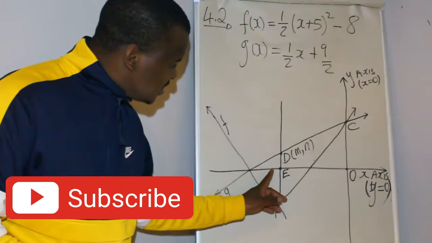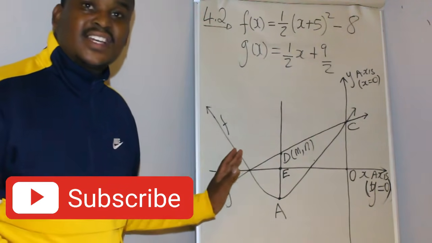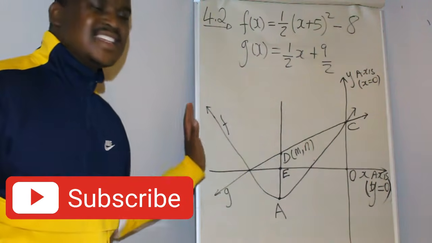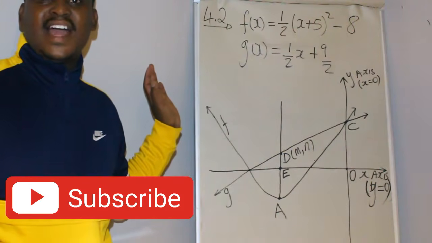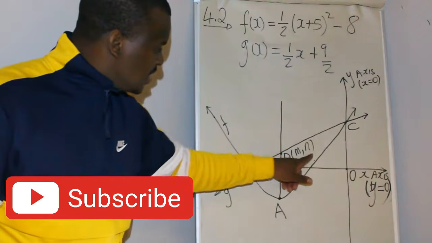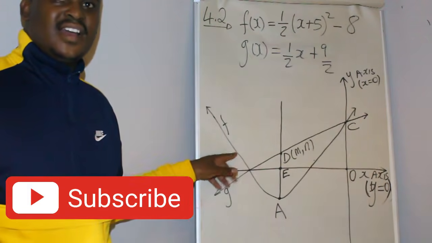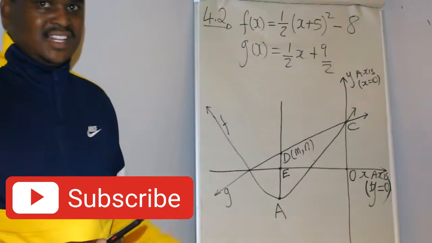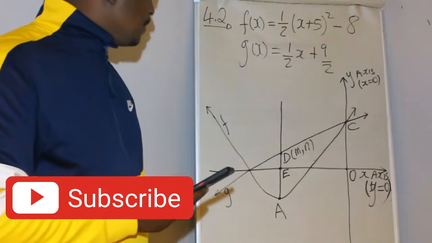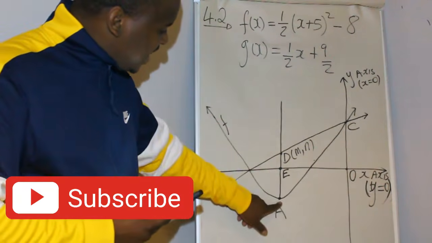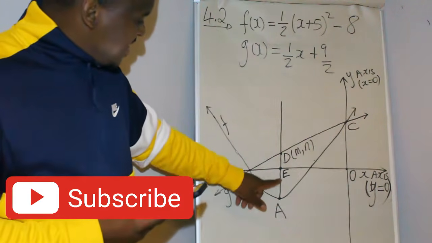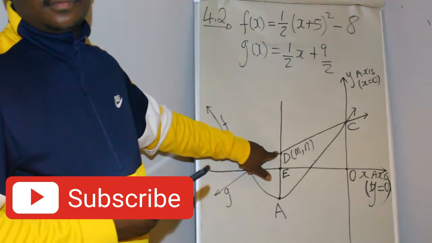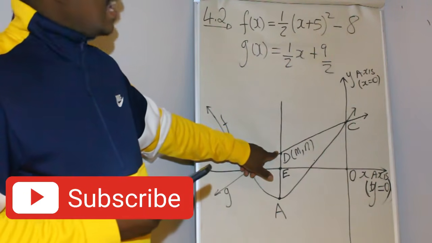Which means if you were to plot this function nicely and plot this axis of symmetry, you see that it's symmetrical about this line. It looks exactly identical around this line. So whatever point you can find on one side, you can find a similar point on the other. Now they are saying that the axis of symmetry intersects g, intersects the x-axis, and also intersects the turning point.